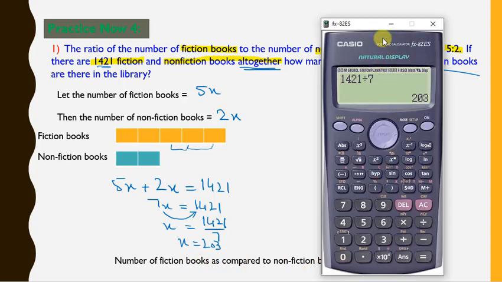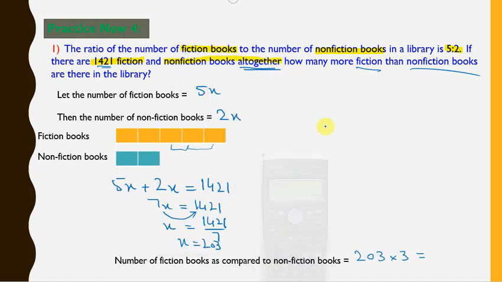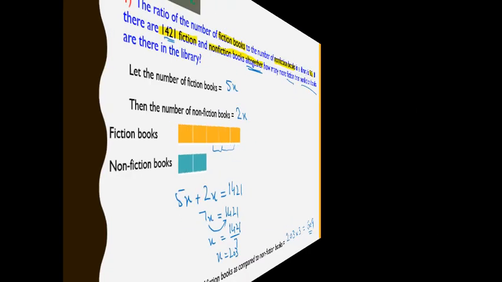When we multiply it, we will get the answer. So 203 times 3, and we have 609. So the number of fiction books is 609.